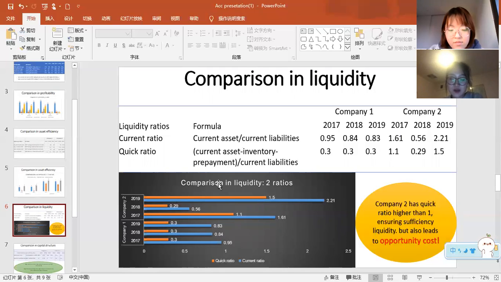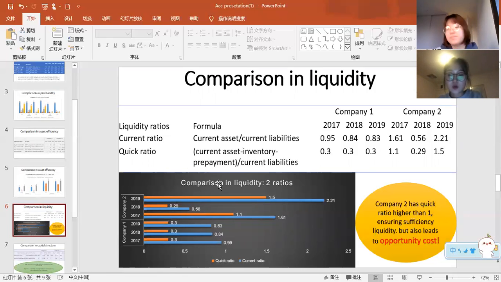So its liquidity and short-term solvency are strong enough. But with consideration of the retailing business nature of company 1, even if its current ratio is lower than 1, I do not believe it has any liquidity risk because its daily cash inflow is stable.